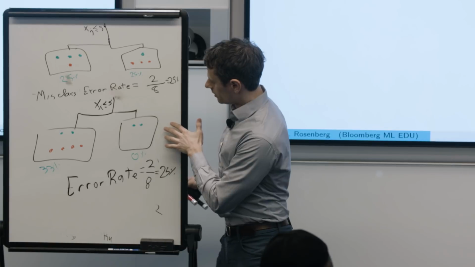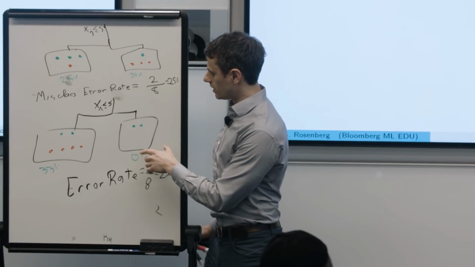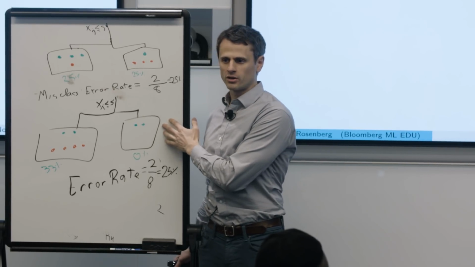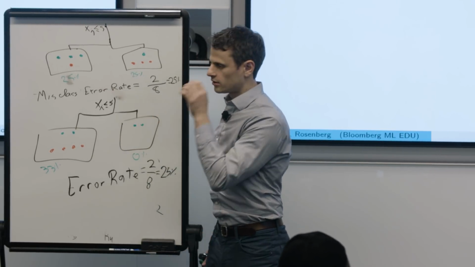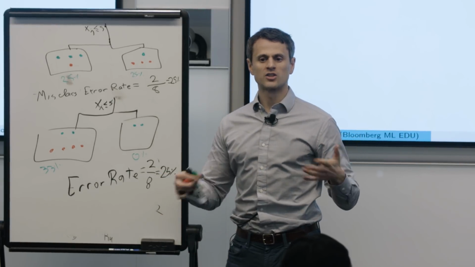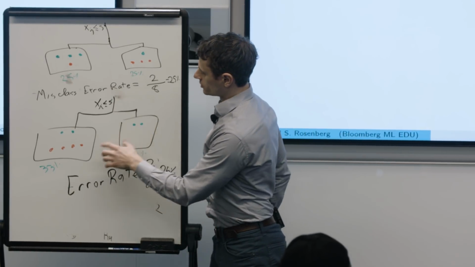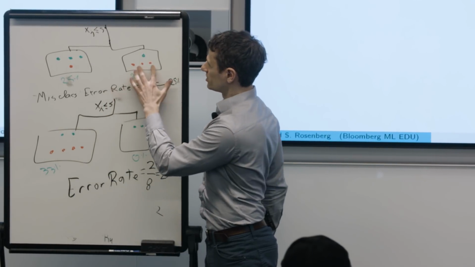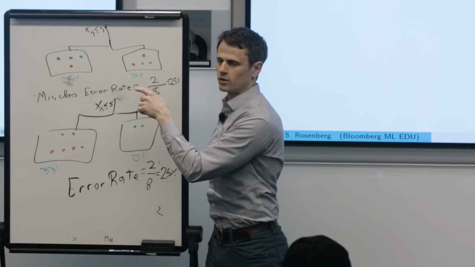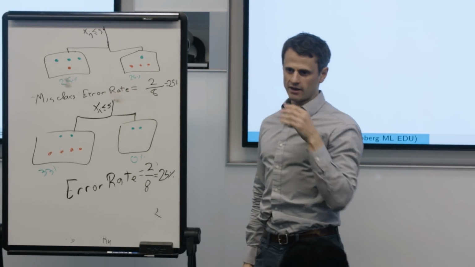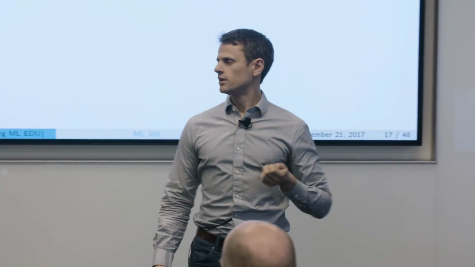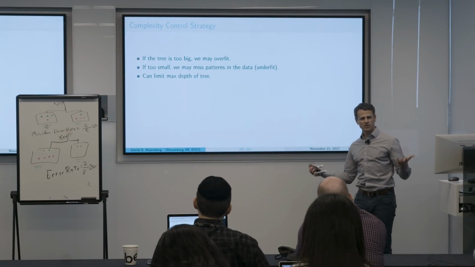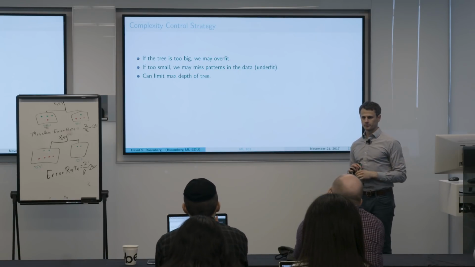But this is the intuition that we're going for: this splits off a nice chunk, they call it a pure region, where the classes are as close to uniform as possible. So we get a nice pure region here, and this one we can split again. Whereas here, neither is pure, and if we split again, we're going to have nodes with only one example, which starts to raise concerns about overfitting.